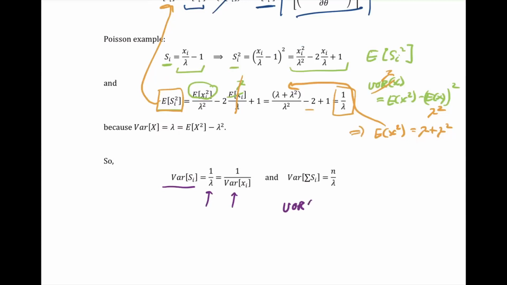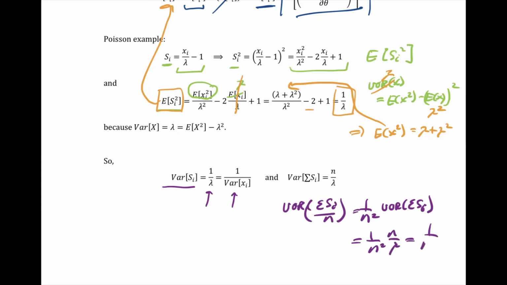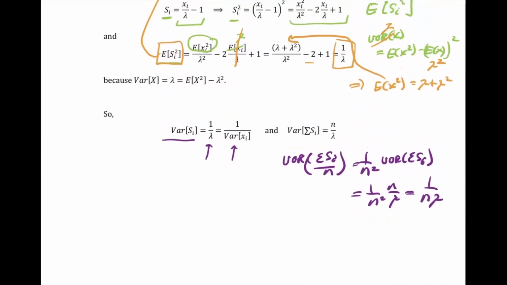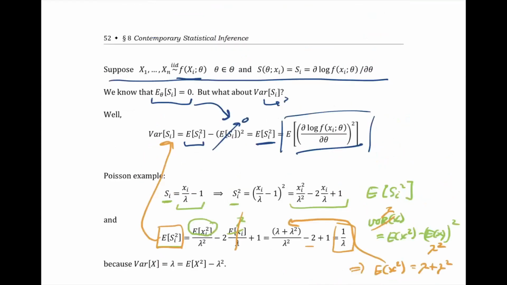And of course, the variance of the average score function is just this. So I get 1 over n squared, n lambda, 1 over n lambda. Again, these are things we should be comfortable doing with some practice. So these are the important parts here.